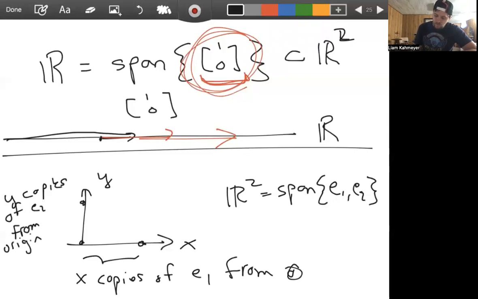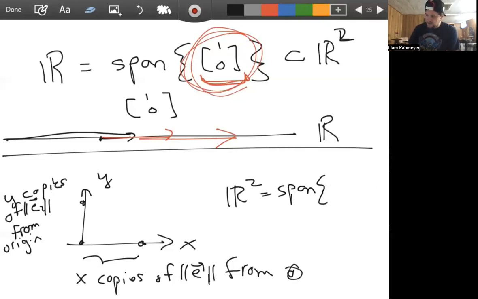Well, I should say y copies of the magnitude, because these are vectors and we're talking about distance. And the magnitude here is 1. You want your unit length in any coordinate direction to be 1. It would be really complicated if we thought of R2 as the span of (32, 0) and (0, 15).